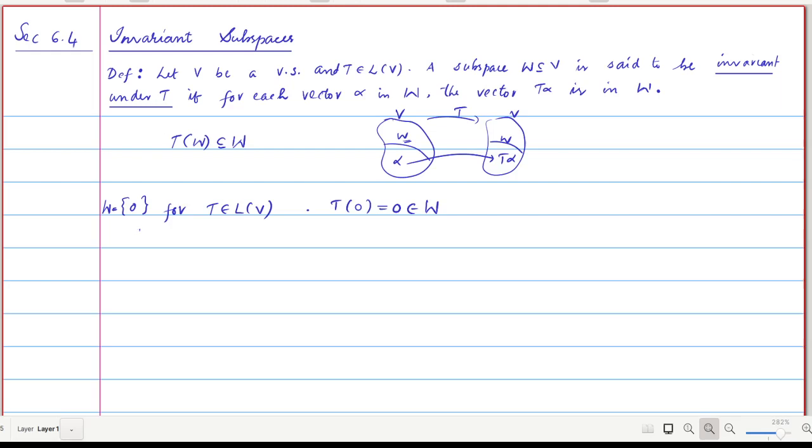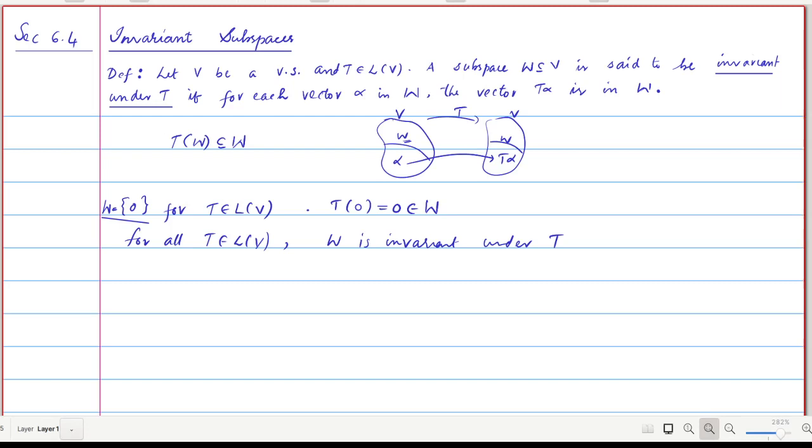That means for all T belongs to L of V, W is invariant under T. So this is an interesting example.